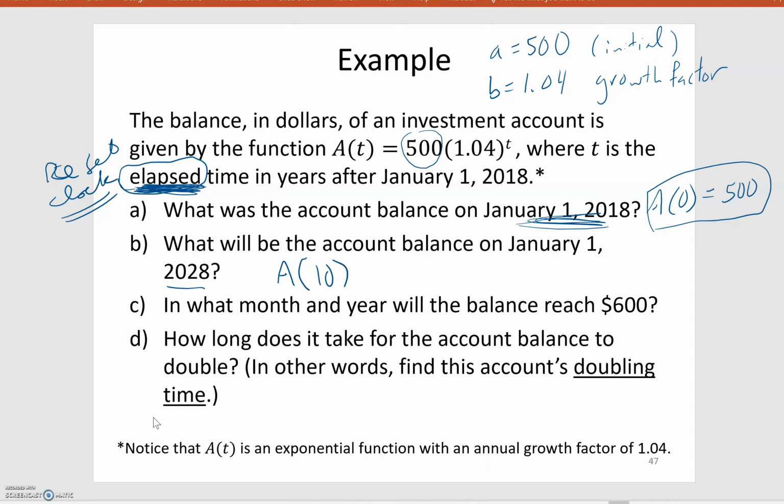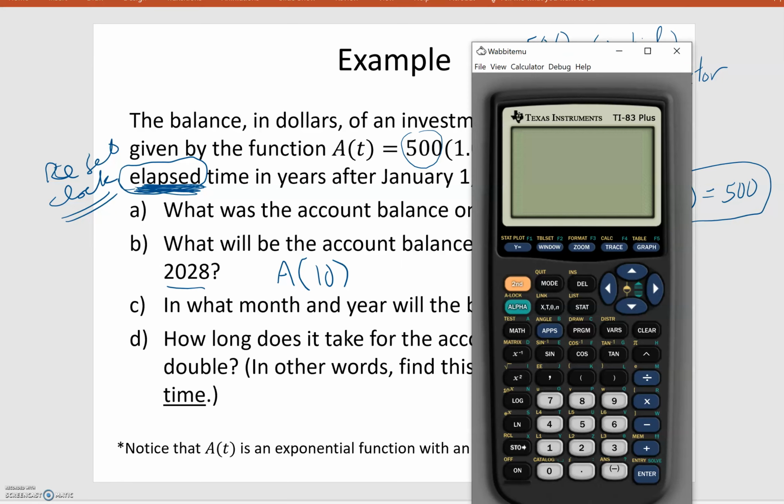A of 10. Remember we have an elapsed time model, so we need to input the function. And our function is 500 times 1.04 caret x.